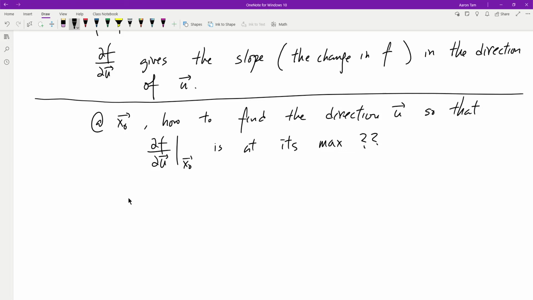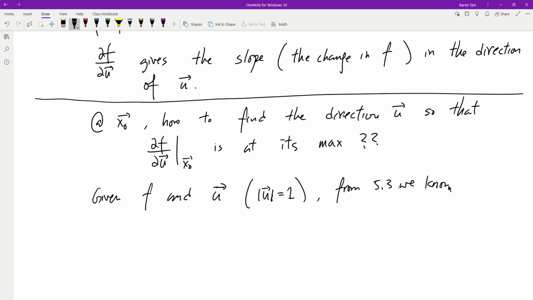So imagine the following. Let's say we're given a function f and a direction vector u. And of course, here we define vector u to have length 1, so that we have a directional derivative. Based on what we learned in 5.3, we know that df over d vector u is given by this formula, gradient of f dot vector u.